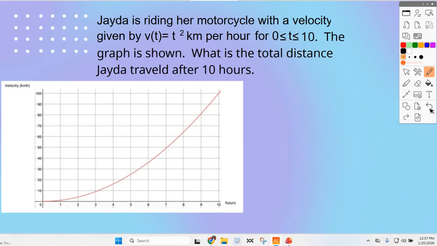Now, notice that when we drew one big rectangle, that was really not a great approximation, yes? Would we agree that the smaller I make my rectangles, the better my approximation is going to be? Okay, so we're going to go with 10, because 10 isn't astronomical. We're not doing 50, right?